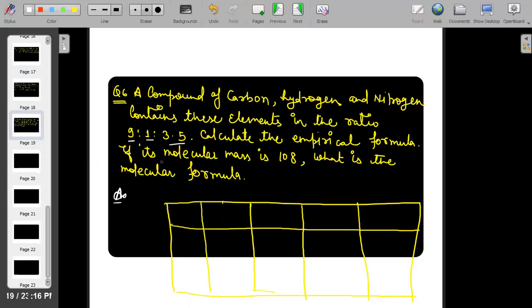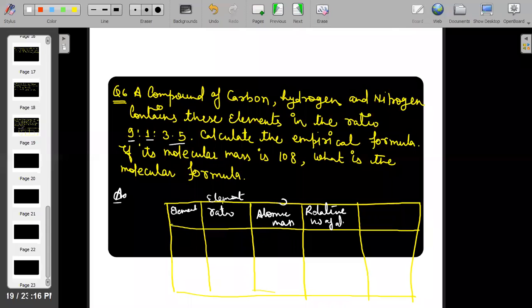Now, suppose this column is for the element. This is the percentage, meaning ratio: the element ratio. Clear? Now the third is the atomic mass. The fourth is the relative number of atoms, always made like this. And the fifth one is the simple ratio.